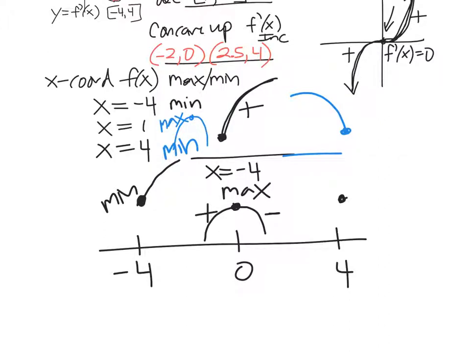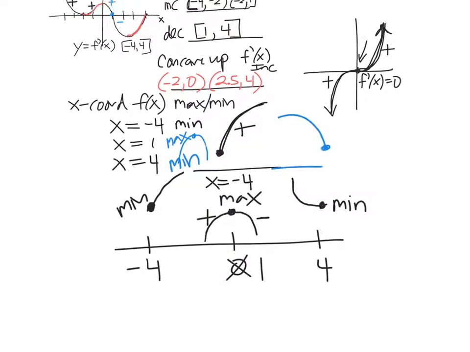Don't draw anything on the right side. But on the left, we know from our graph of f prime that it is decreasing, so it's coming down to 4. So 4 would have to be a minimum.